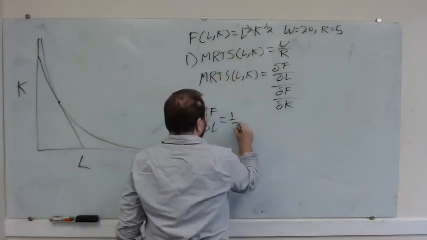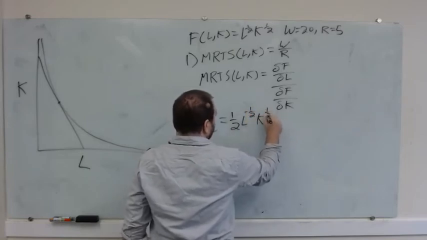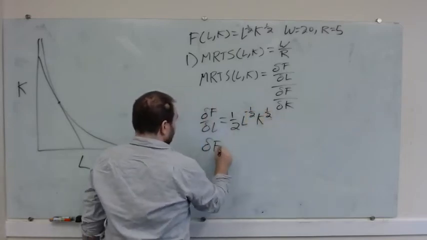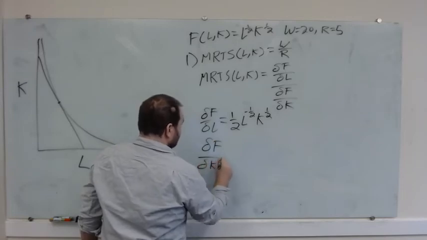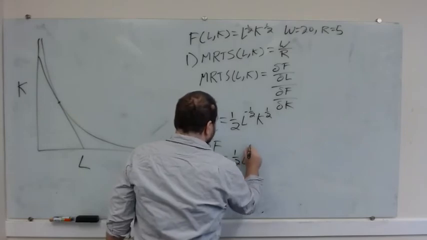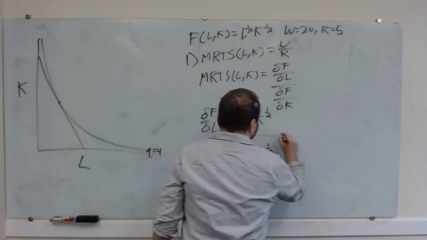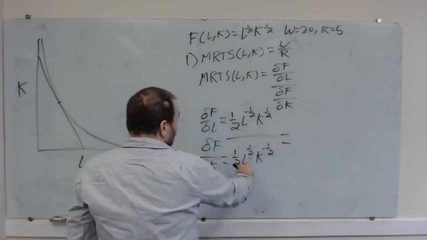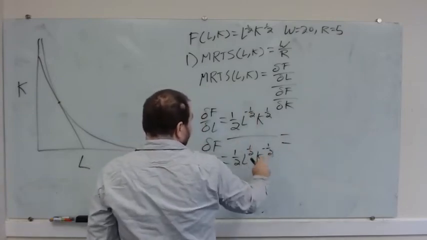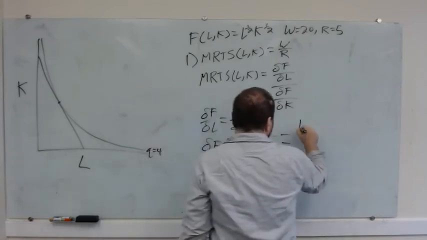So it's just going to be 1/2 L to the minus 1/2 times K to the 1/2. dF/dK is going to equal, for the same reasons, 1/2 L to the 1/2 times K to the minus 1/2. So if I take one over the other, I can bring the minus 1/2 out, then the 1/2s cancel, so I'm just going to get K over L.